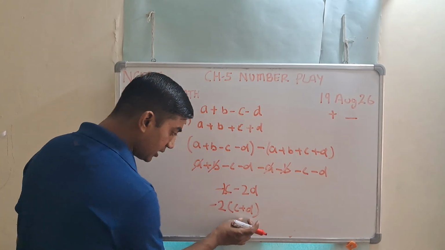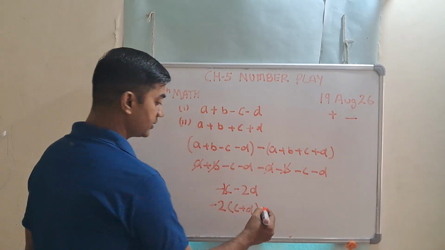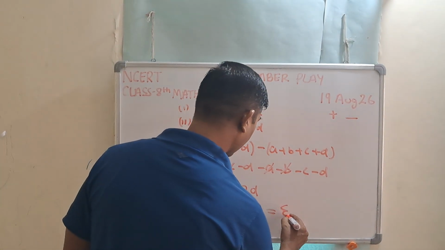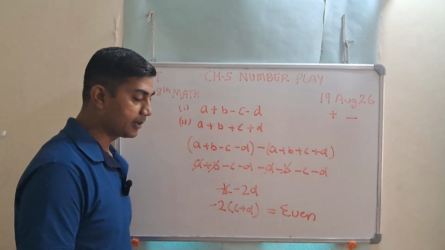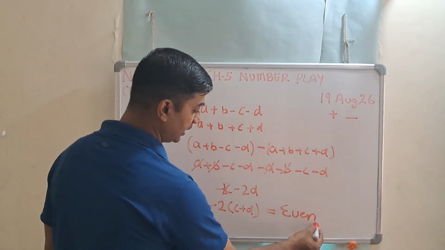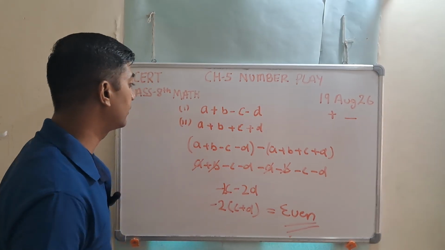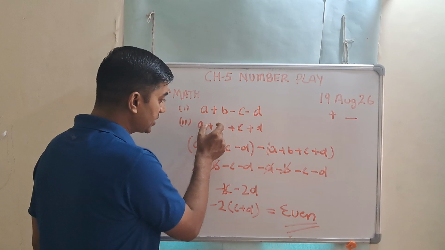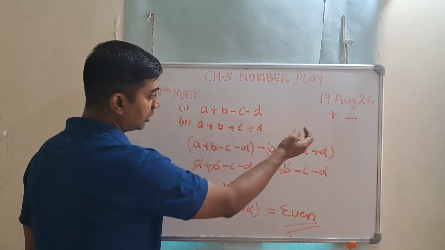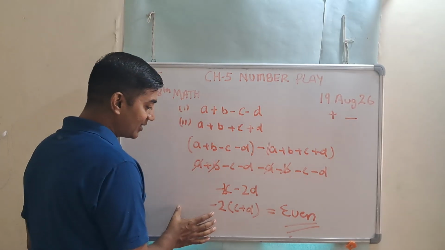Now, any number when you multiply it with 2, the result is even. That may be a negative, that may be a positive, but the result is definitely an even. So, what we have concluded is that if we place any operation between them of addition and subtraction, we will always get an even number as the result.